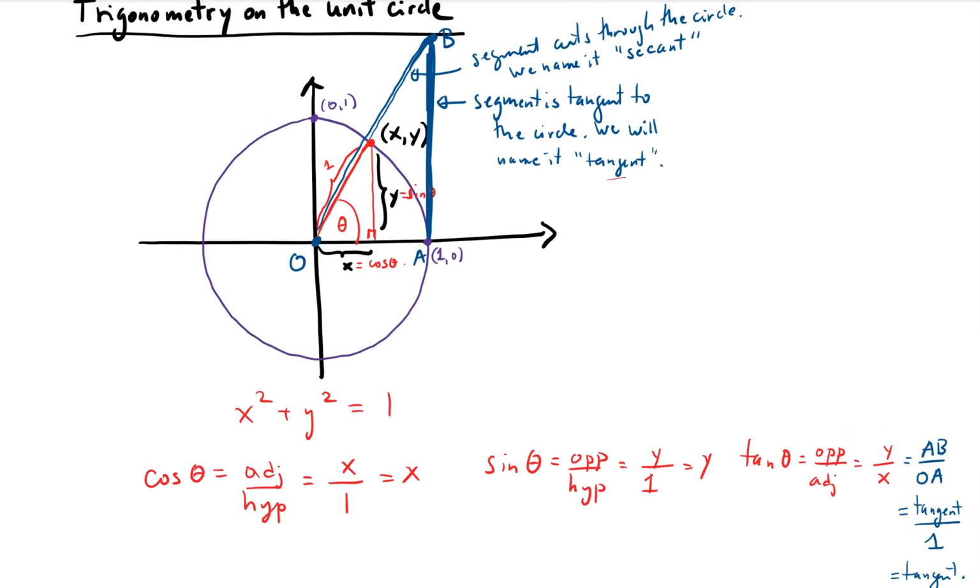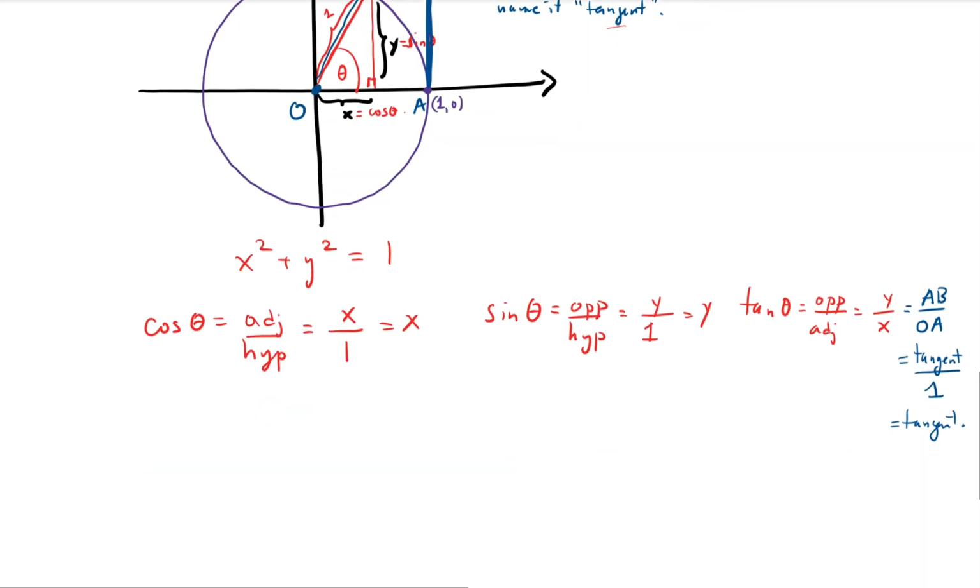So on the red triangle, the two sides that correspond to x and y are cosine and sine. And for tangent, you have to move to the blue triangle, and the height of that triangle is the tangent. Now, one more thing to notice is that tangent is y over x.